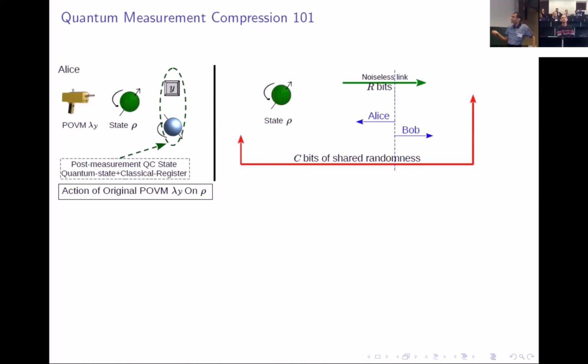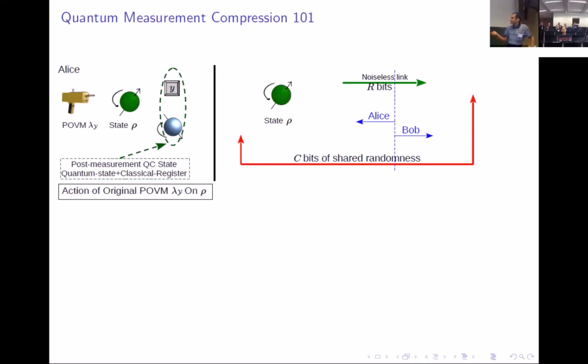Let's take the state rho. I'm going to give C bits of shared randomness between the encoder and decoder, C bits of complete randomness, shared randomness that is independent of the state. And I'm going to give a noiseless link of rate R from the encoder who holds the state to a decoder.